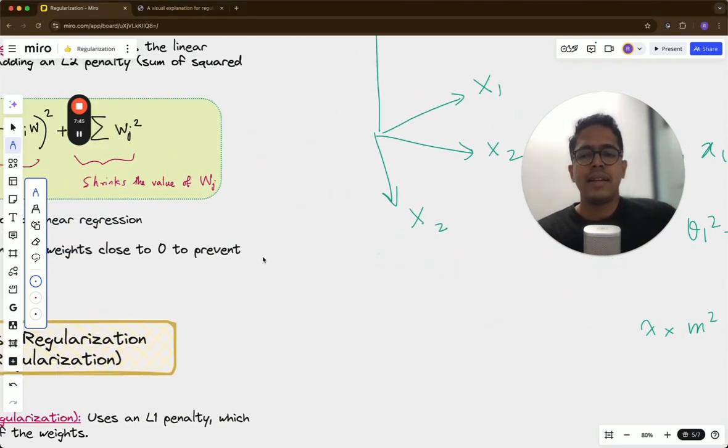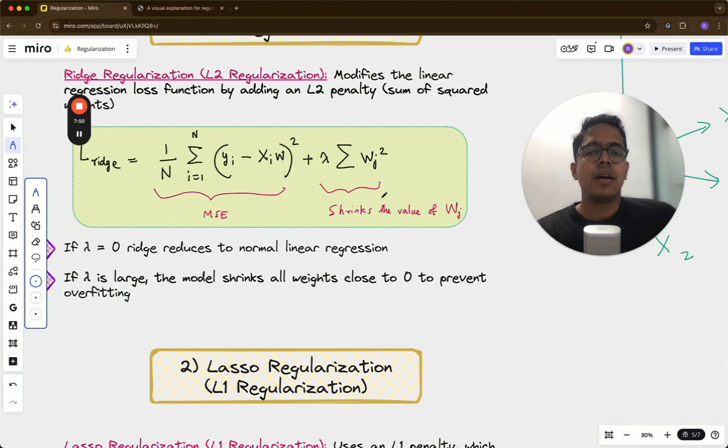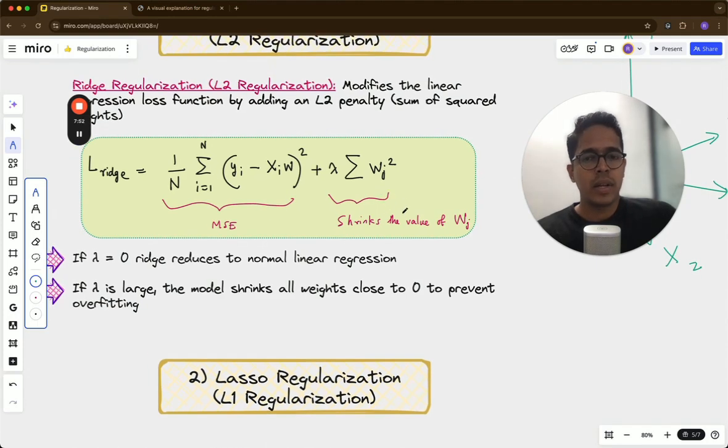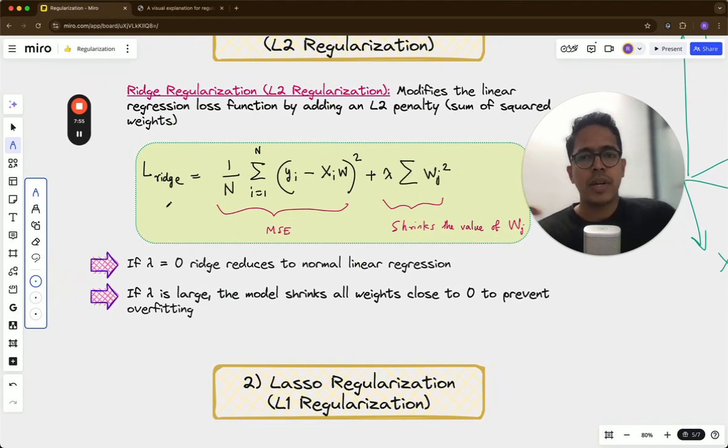So that is the lambda times sigma wj square term, the penalty term in ridge regularization. And if lambda equal to 0, you can already see that ridge regression is the same as linear regression in this case.